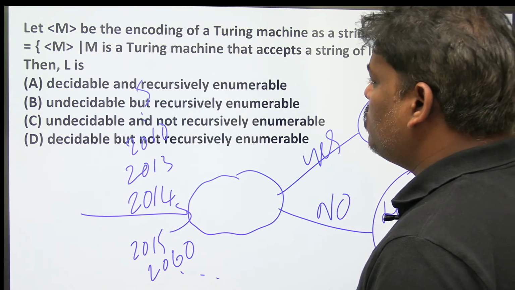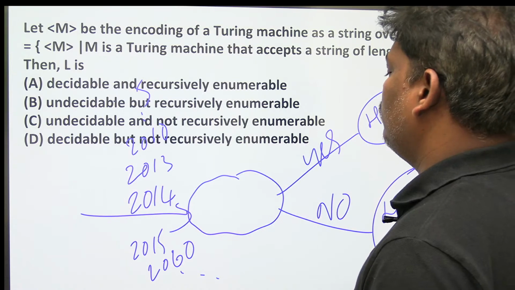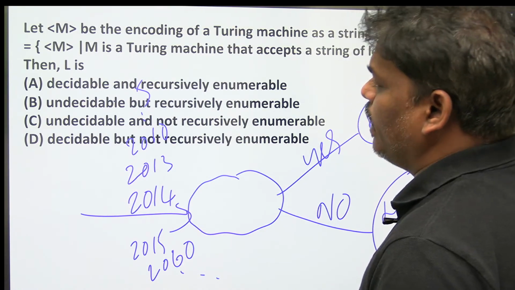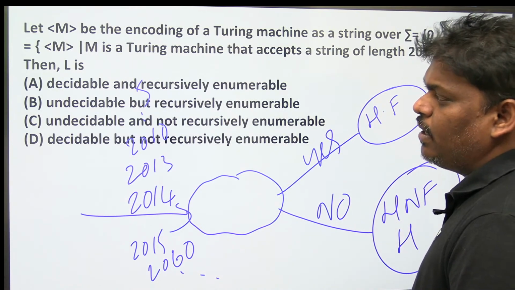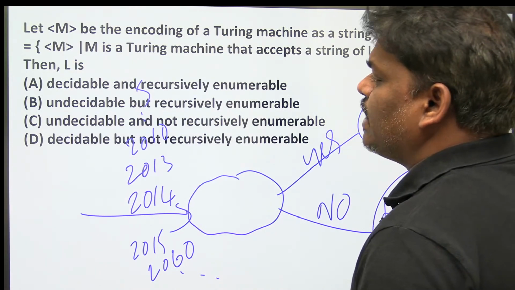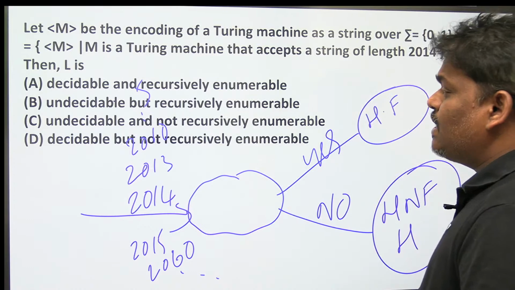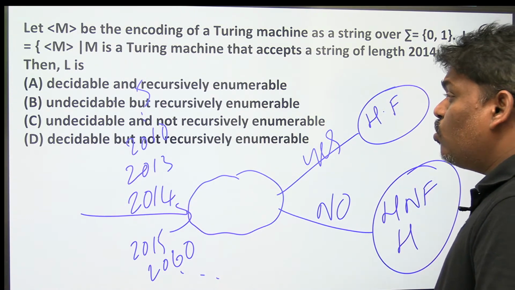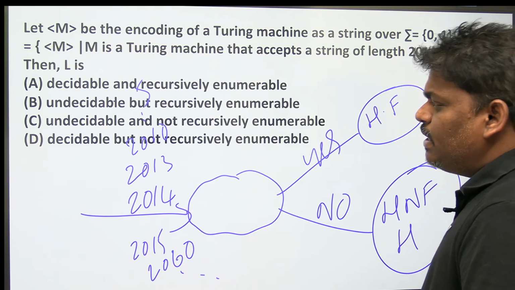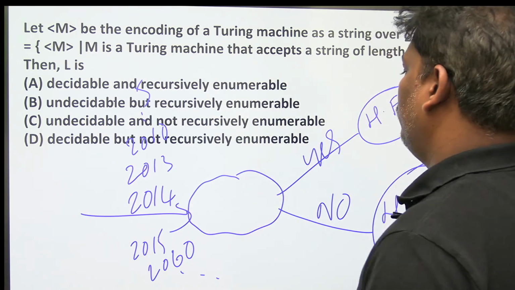Suppose assume that yes has no hanging and no also has no hanging, that is called recursive, meaning decidable.